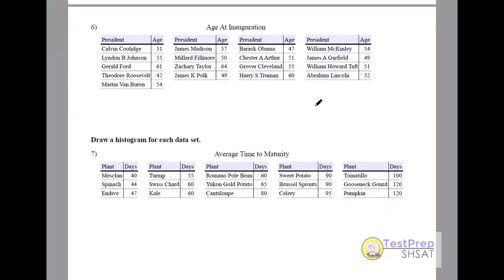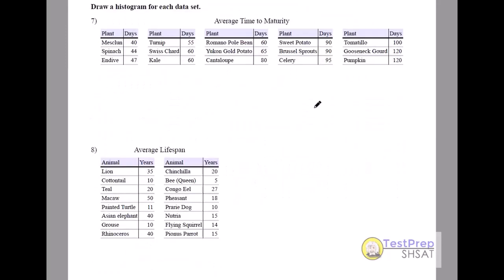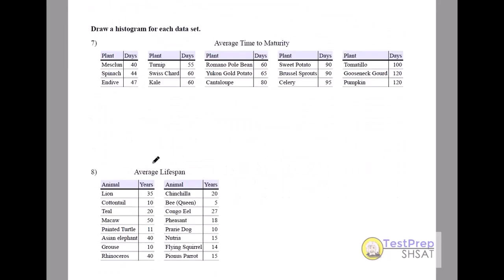Let's take a look at a histogram. So a histogram, well, it's very much like a dot plot. I'm going to check my range of values. They go from 40 up to 120. So on my horizontal, I'm going to put 40, 60, 80, 100, 120, okay?